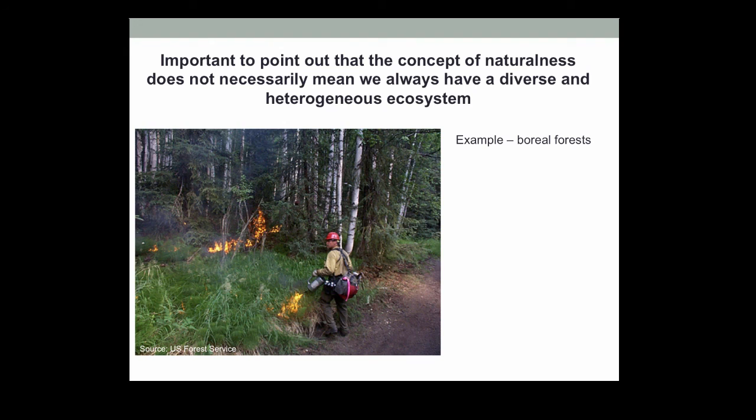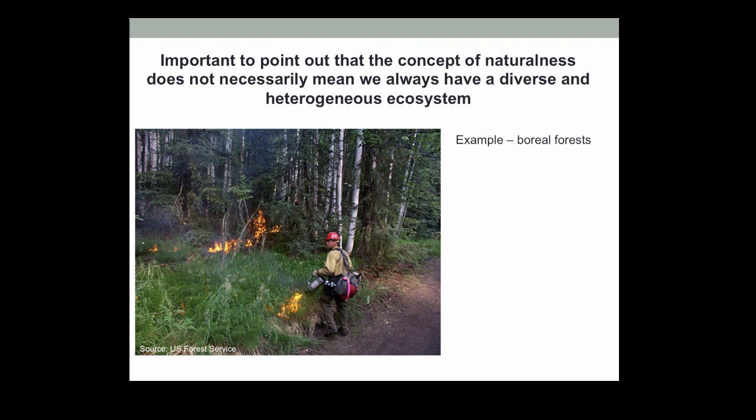Tree regeneration, we know in a natural environment, is really going to be limited and driven by large-scale disturbances that can lead to dense cover of a single species. Those single species are oftentimes going to be even-aged, and they're going to be even-sized.